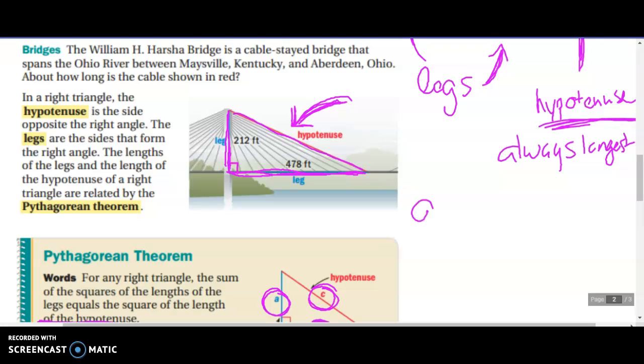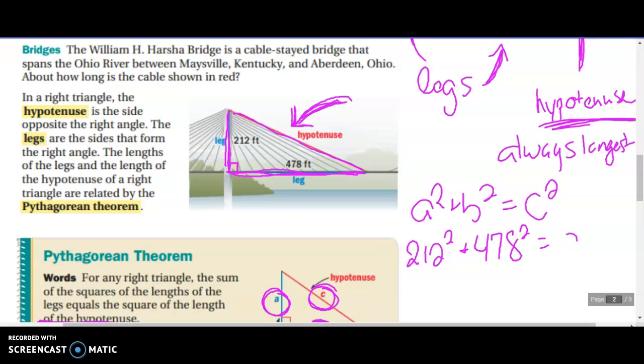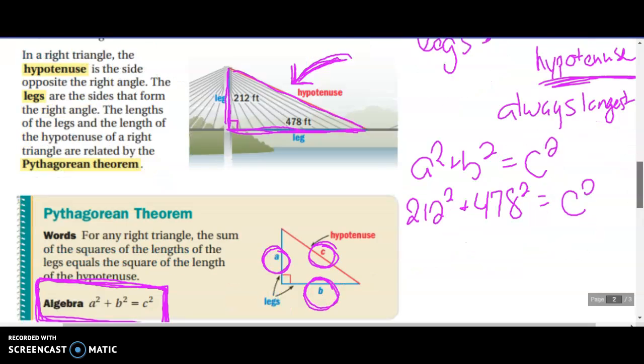So we write a squared plus b squared equals c squared. It doesn't matter which leg is A and which is B. That makes no difference at all. So we'll say 212 squared plus 478 squared equals the hypotenuse squared.